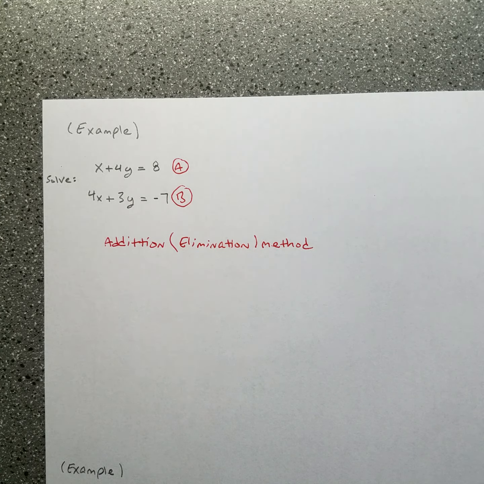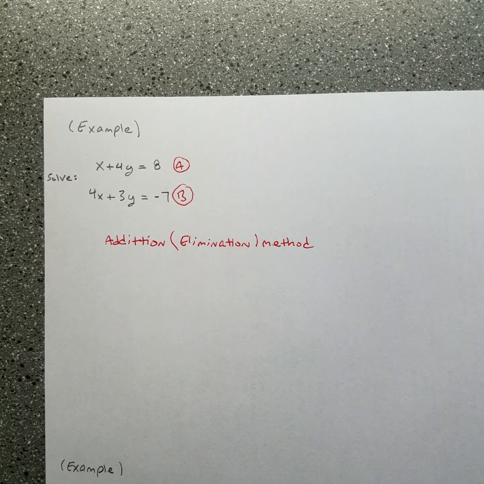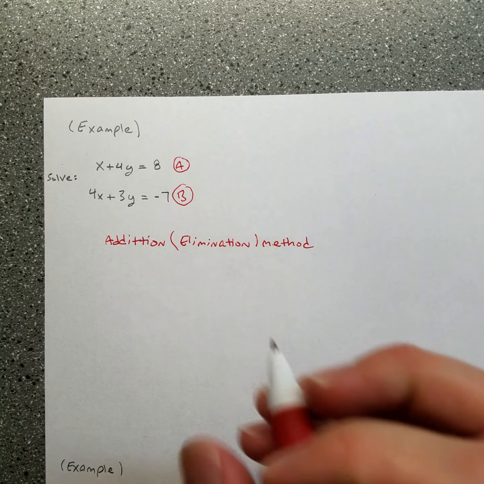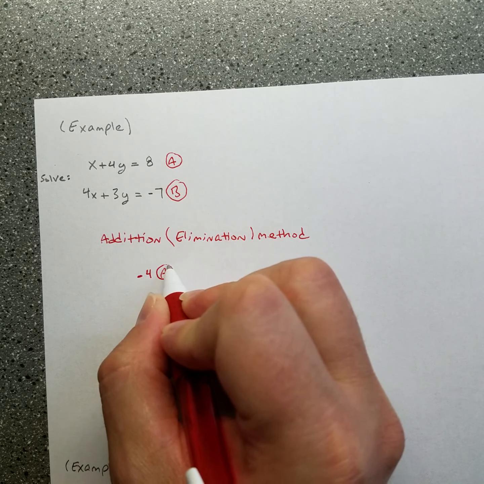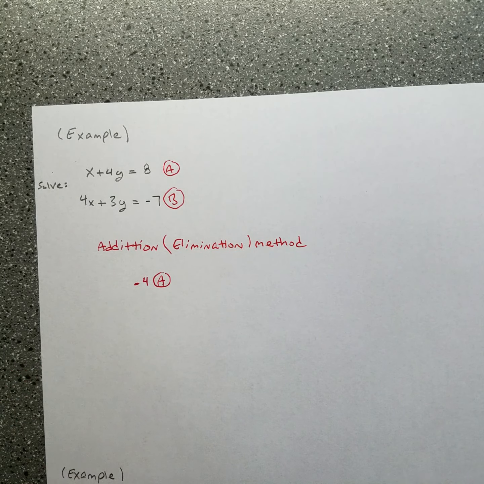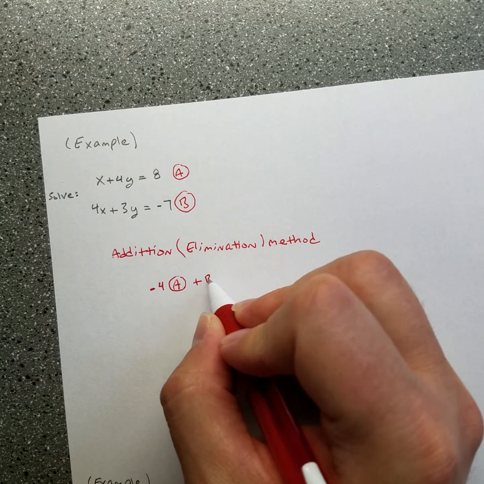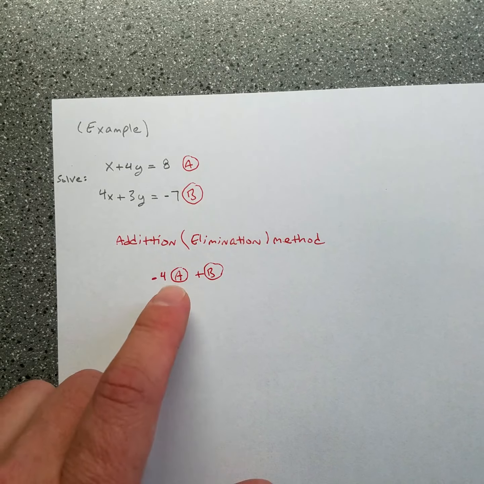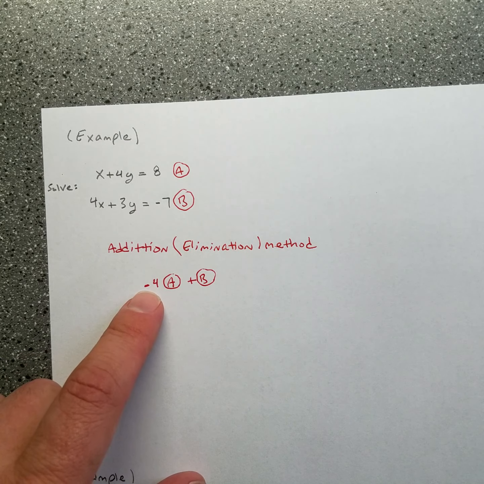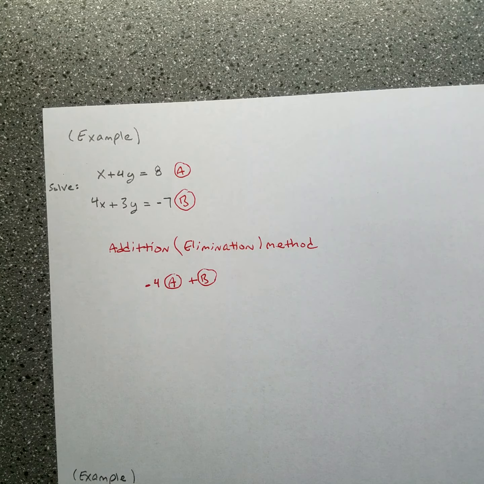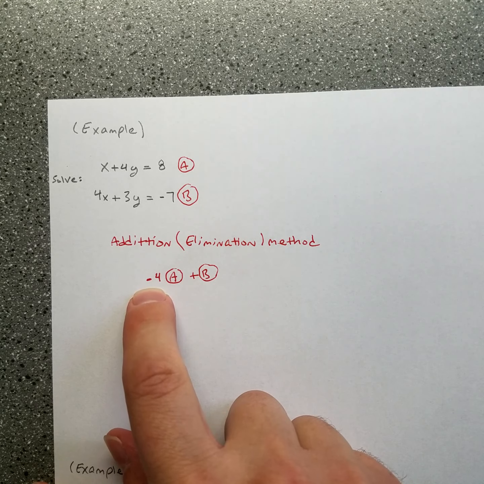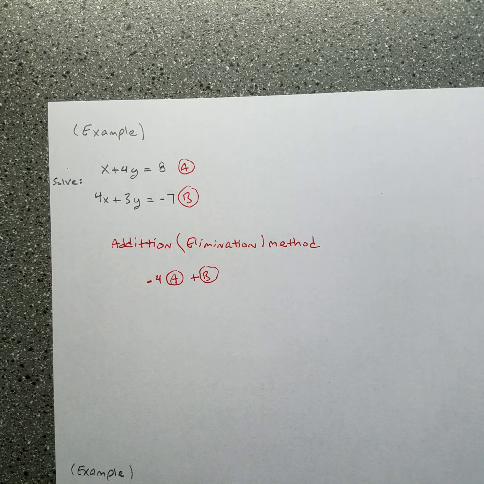Now I said it's easier to just show you. So here's what it's going to look like. I'll take equation A and I'll multiply by negative 4, and I'll add that to equation B. You can multiply either equation by any number that you want, and you can add them together. Now, why negative 4? Why did I choose that? Well, I'll show you.